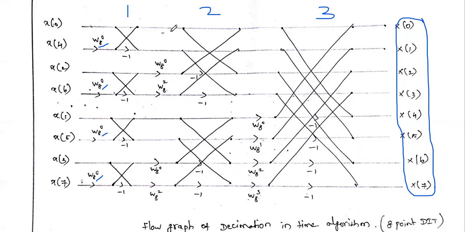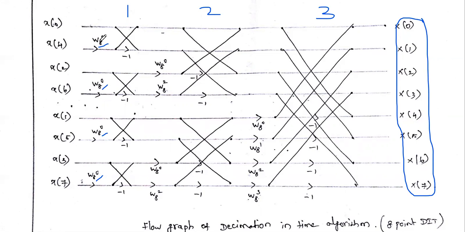Okay, in the second stage, in the first 4 lines, except the first 2 lines, on the second line and the third and fourth lines we have to multiply the twiddle factors W8 power 0, W8 power 2. Similarly here in the last 2 lines, W8 power 0, W8 power 2 we have to multiply. Similarly in the third stage, in the last 4 lines, the twiddle factors we have to multiply are W8 power 0, 1, 2 and 3.